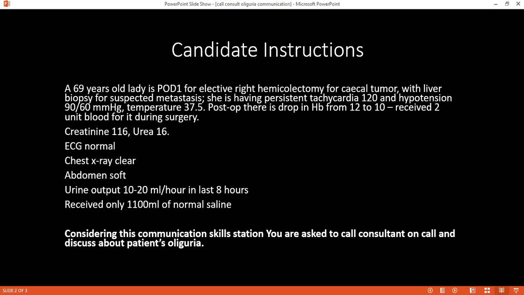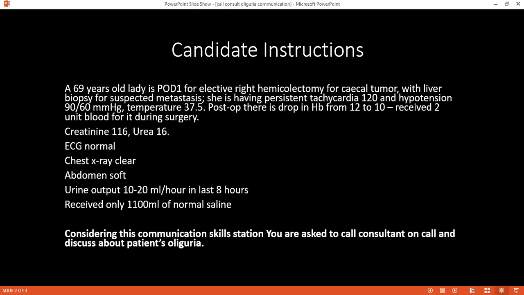Maybe there is a coagulation profile disturbance, and because the patient has suspected metastasis, the coagulation profile may be disturbed. Yes, that's also a possibility. The patient is also at risk of bleeding diathesis because of the malignancy.